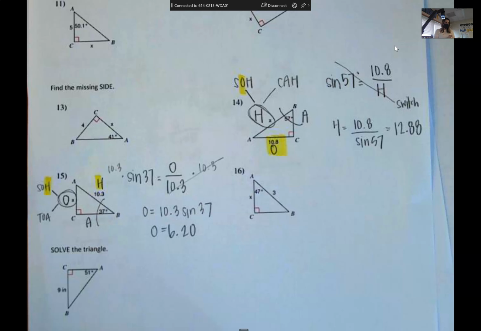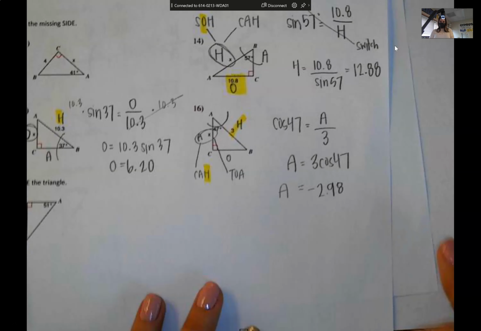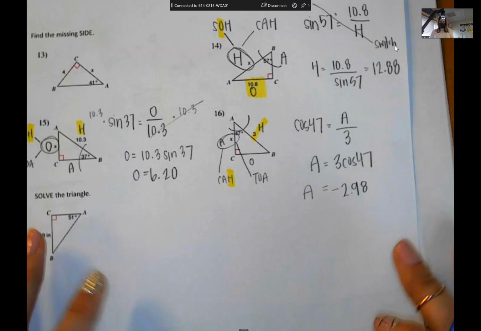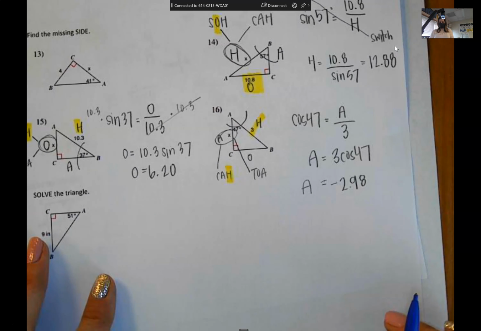About 10. Five. Okay, I ended up getting negative 298. Did anybody else get a negative? What'd I do wrong?